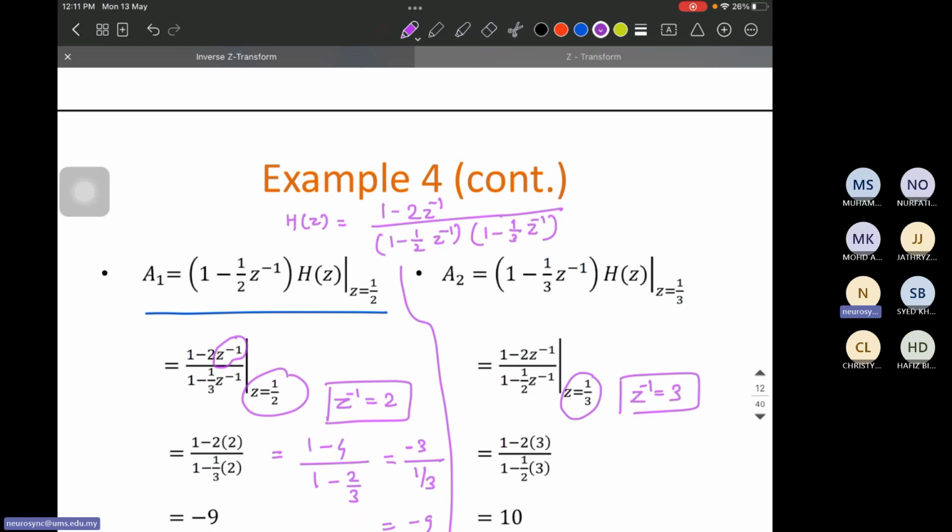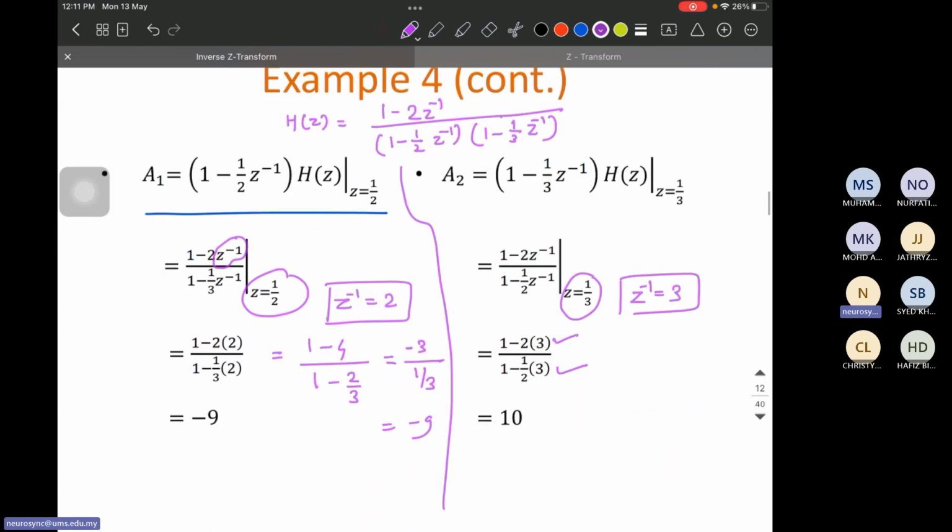So you can put z inverse equal to 3 directly here and you will get the value. What should be the value here? This is 1 minus 6 divided by 1 minus 3 by 2, which is equal to minus 5, and this is minus 1 by 2. So minus minus will be plus, so this is plus 10.